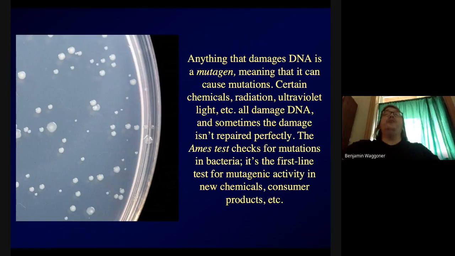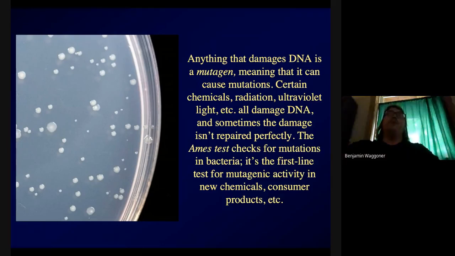The reason I'm showing you this is that bacterial growth can be used to check for mutations in a test called the Ames test. Basically, you grow bacteria on a medium like agar, zap them with a chemical that you think might cause mutations, and look for changes in their ability to grow.